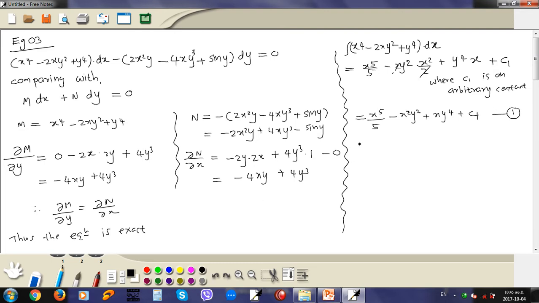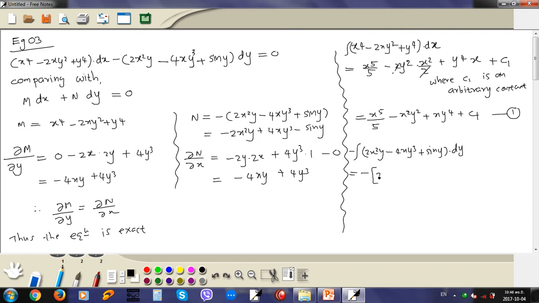Then we can integrate this part separately: −2x²y − 4xy³ + sin y dy. So we have to integrate with respect to y now.